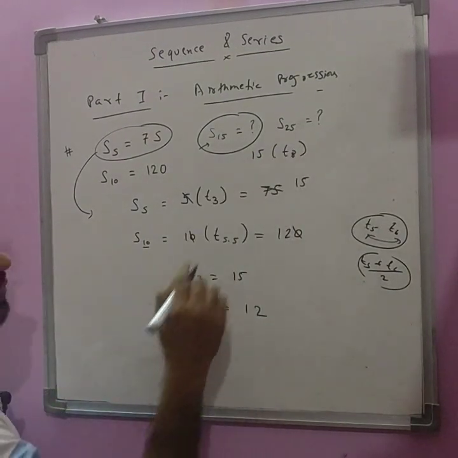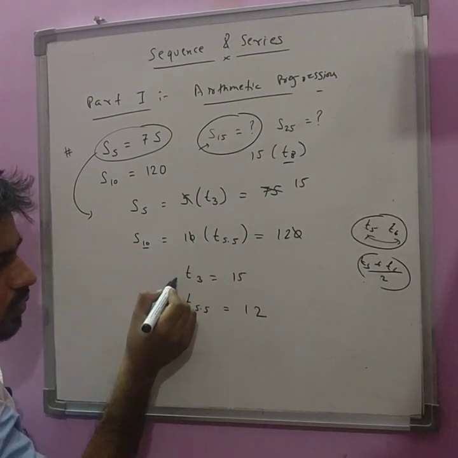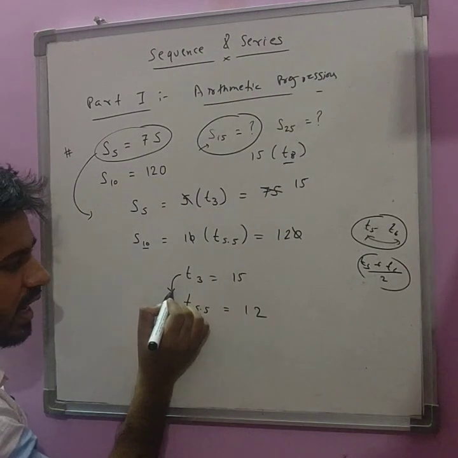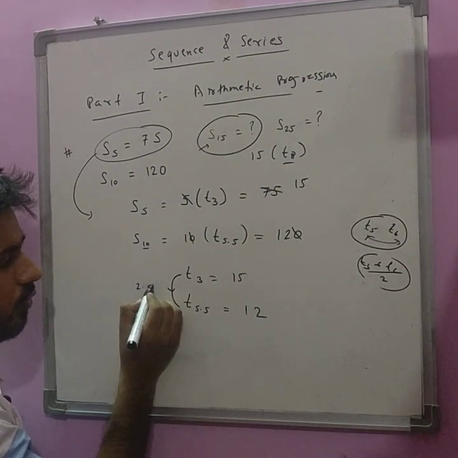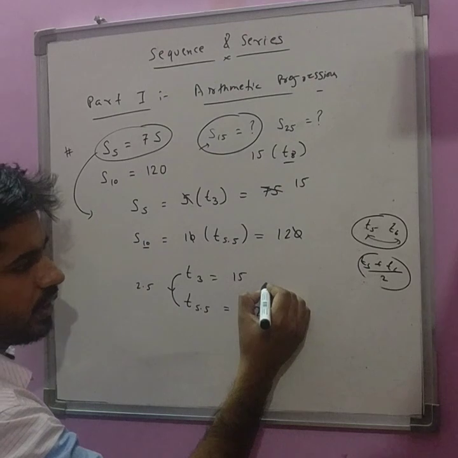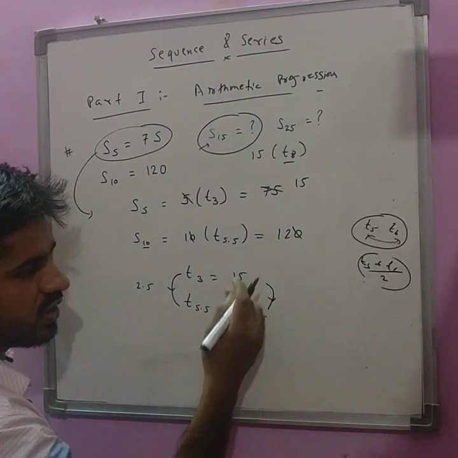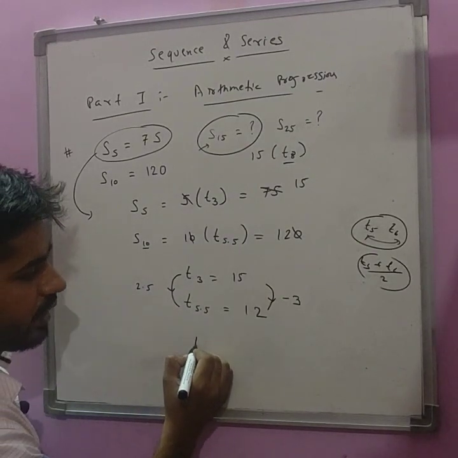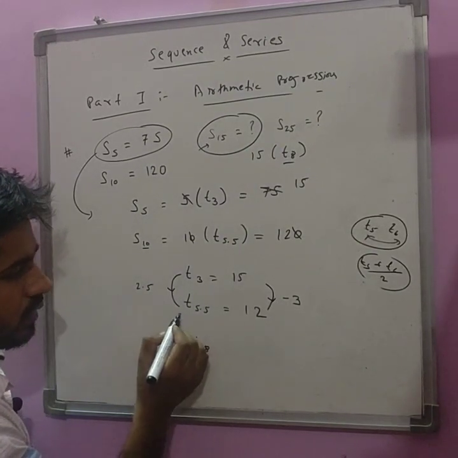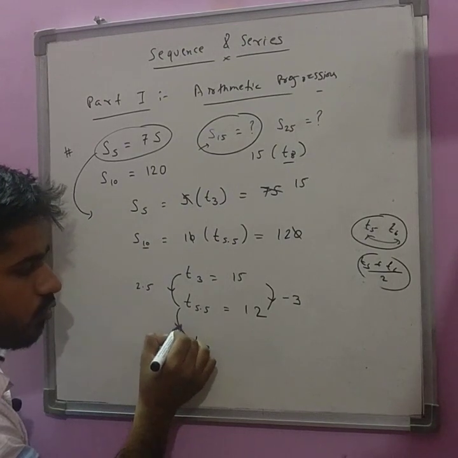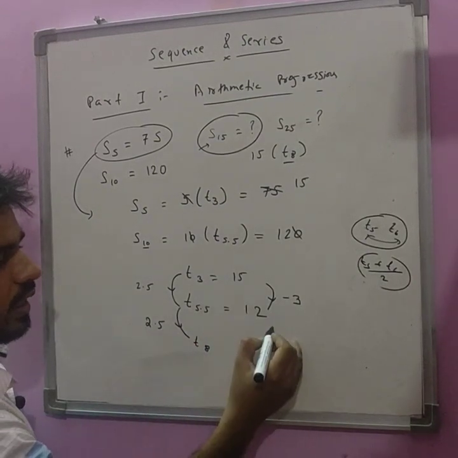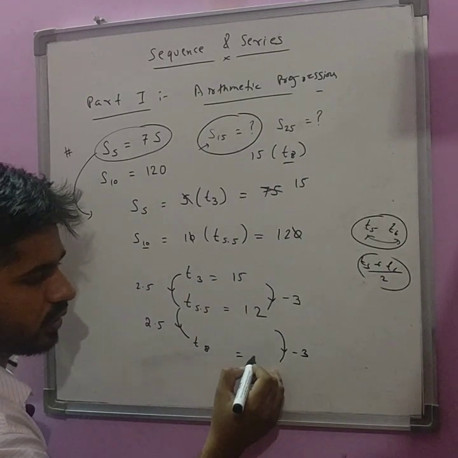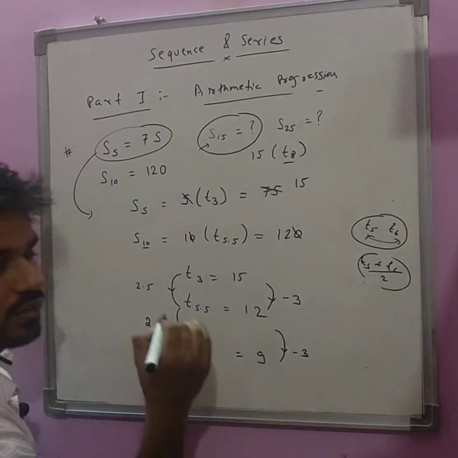Yes, T8. Okay, so from T3 to T5.5, we have a jump of 2.5 terms, and in the values we have a jump of -3, right? So if I need to compute the value of T8, I need another jump of 2.5, and for another jump of -3, I would get the value T8 is equal to what? 9.